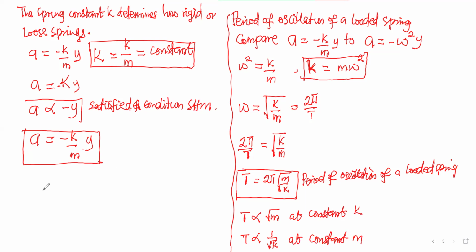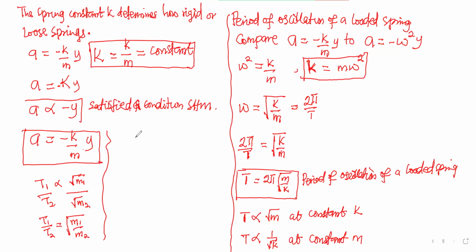So for two different masses, there will be two different periods. So T1 is directly proportional to root of M1, and T2 is proportional to root of M2. Therefore, T1 over T2 will be equal to the square root of M1 over M2, similar to the simple pendulum.